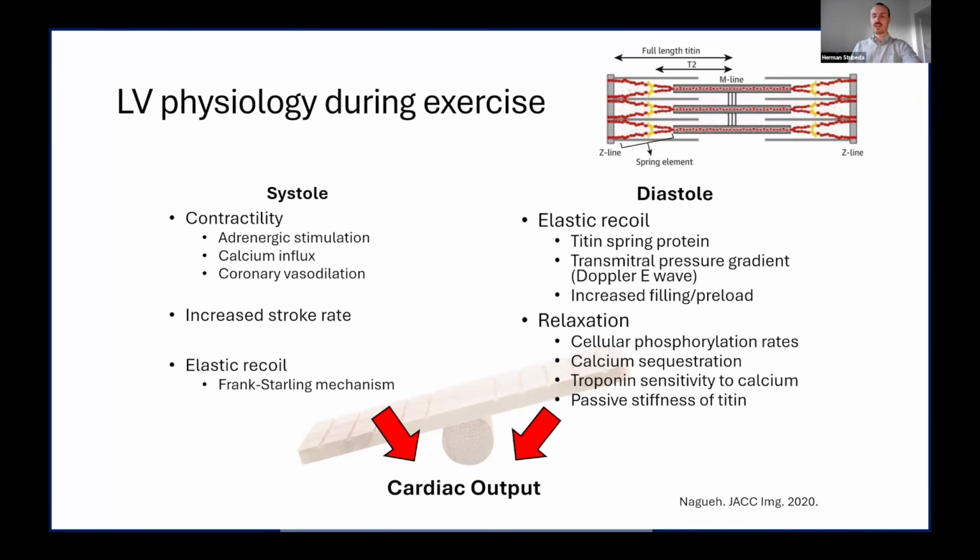Altered levels of phosphorylation throughout the cells are able to phosphorylate various channels on the endoplasmic reticulum, which will help suck up and sequester that calcium in between every stroke. And then it would allow a much more powerful calcium influx back into the cytosol in systole. Phosphorylation also modifies troponin sensitivity to calcium and the passive stiffness coefficient of the titin protein, which further optimizes relaxation speeds even further during diastole.